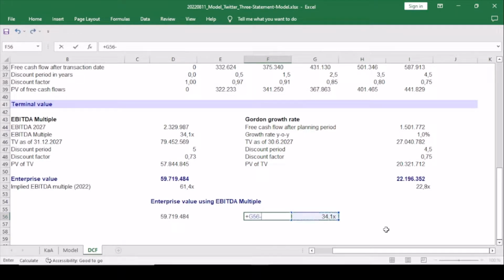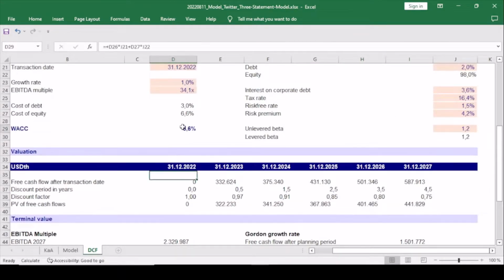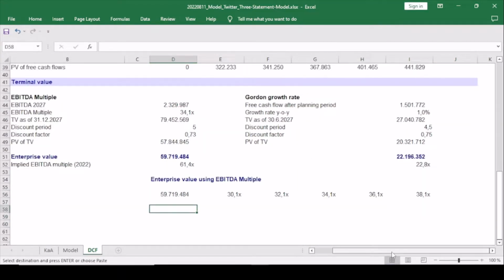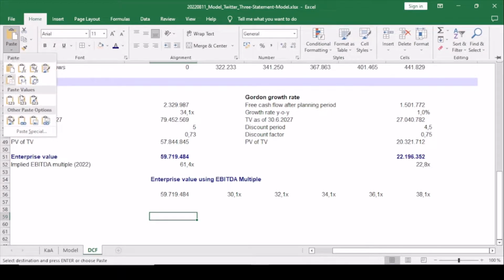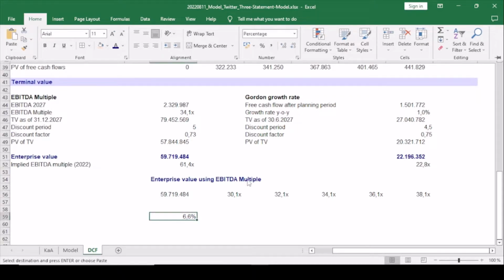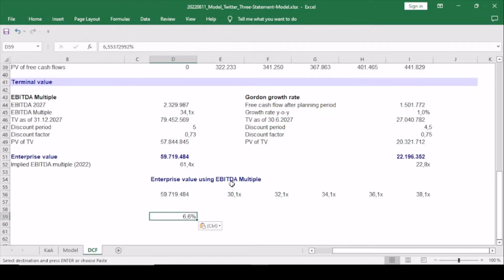We define some absolute changes which we apply to the EBITDA multiple, and we plug in the WACC hard-coded. This is needed for the data table function.